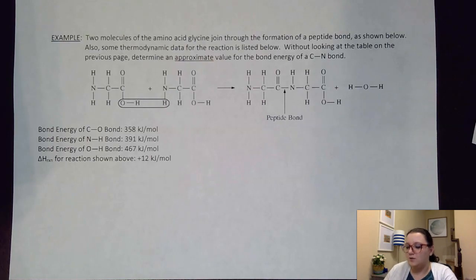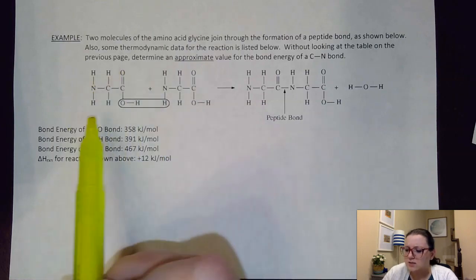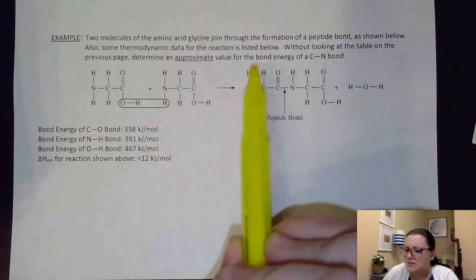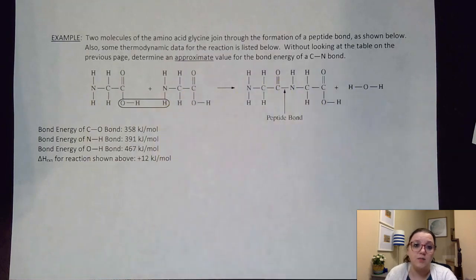And so you actually had to use your brain on this one to figure out what was happening. Now, here's the deal. There's lots of bonds happening in here, and if I had to do all of that math, that would get really annoying really fast. But I noticed that not all the bonds broke and reformed in this process. Some of the bonds over here look exactly the same as the bonds on the other side.